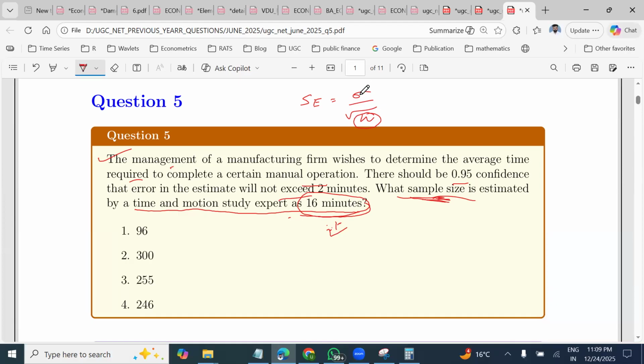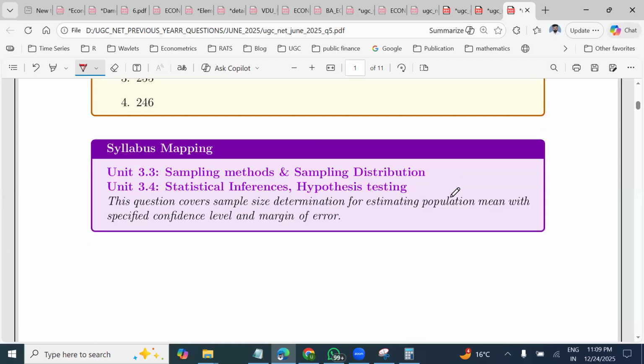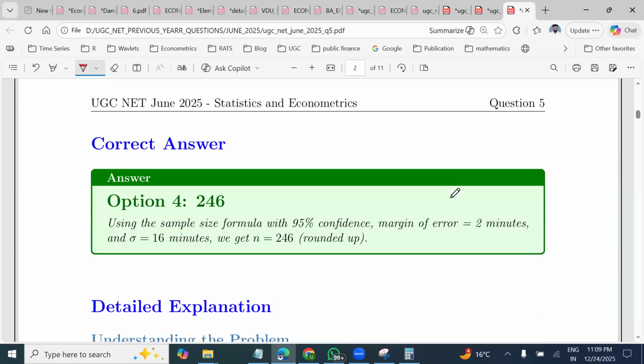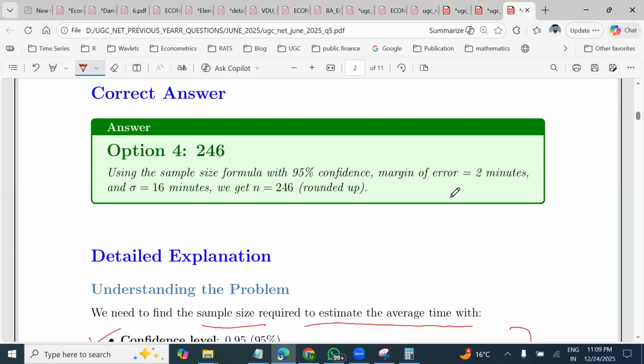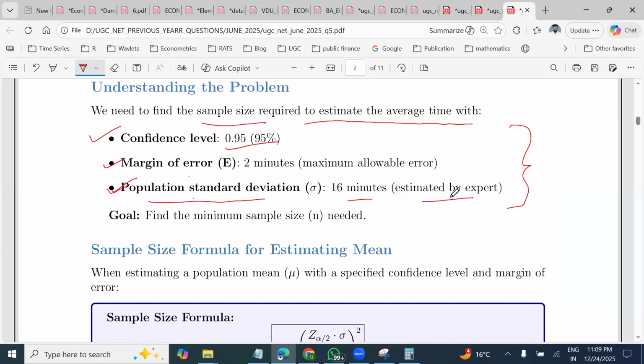So from this formula we can relate. Yes, it is not directly given. When you do more and more problems and think clearly, then it will be clear, okay?